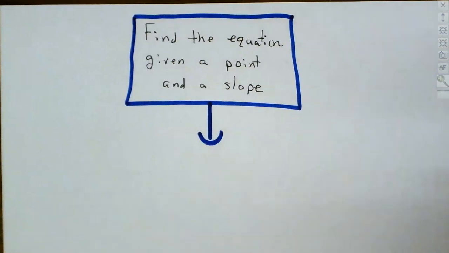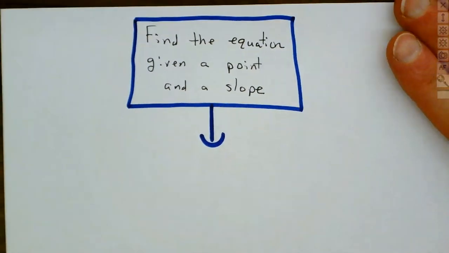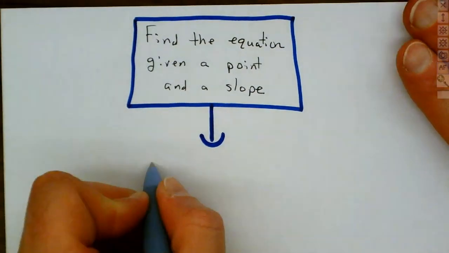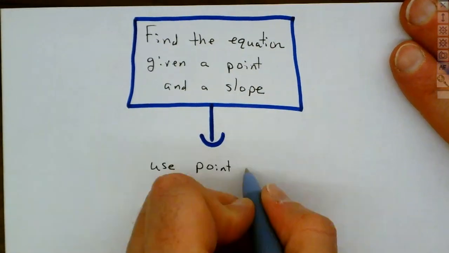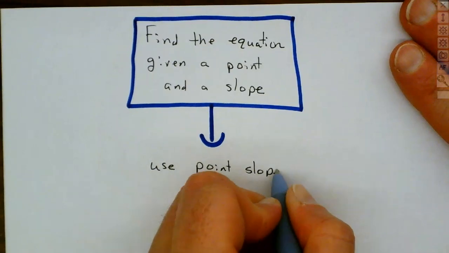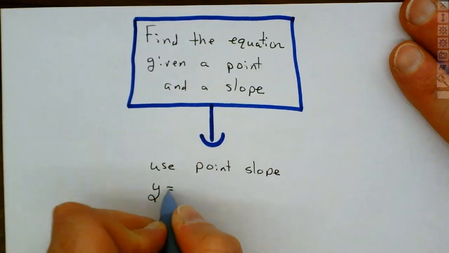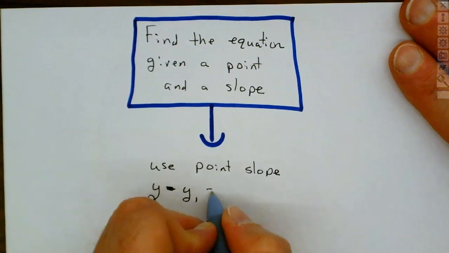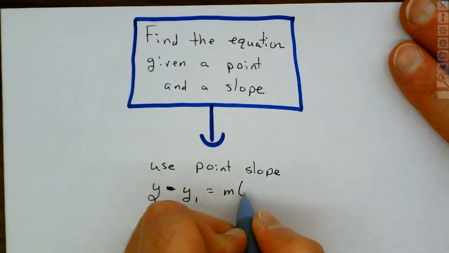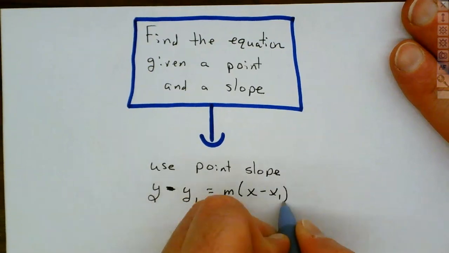Now, since we have a point and a slope, we're going to follow it down, and we're going to use point slope. And the point slope formula is y minus y1 equals m times x minus x1.